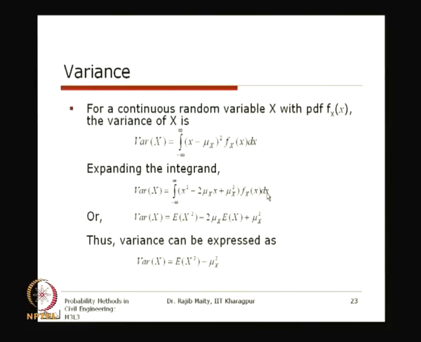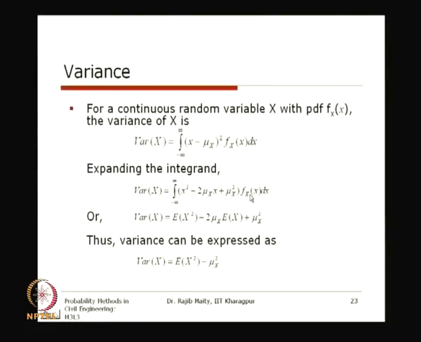Now, recall the expected value of a function. Here the function is x square, so x square multiplied by fx dx is nothing but the expected value of x square. Minus 2 mu x, which is a constant, so it can be taken out: 2 mu x multiplied by x fx dx.